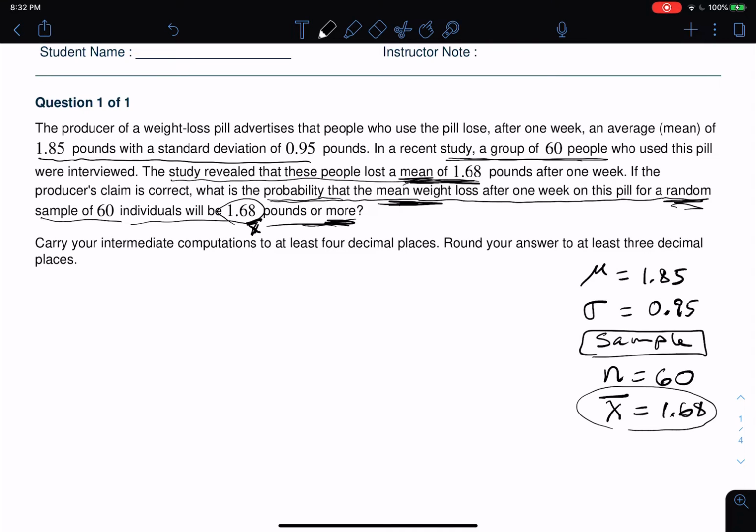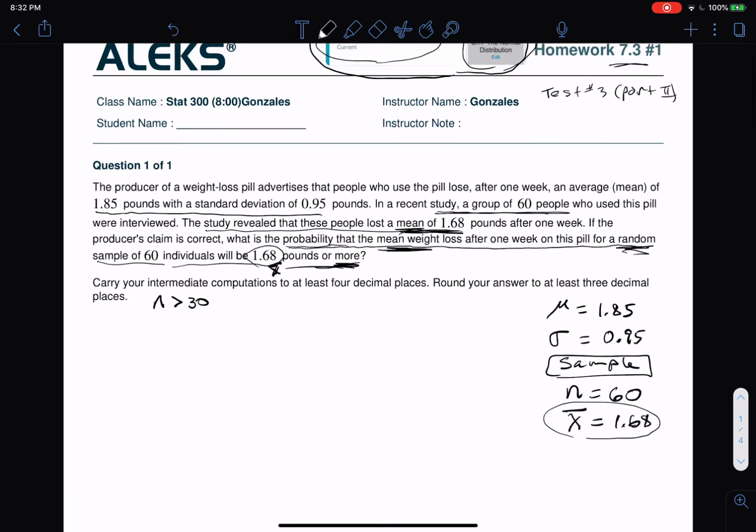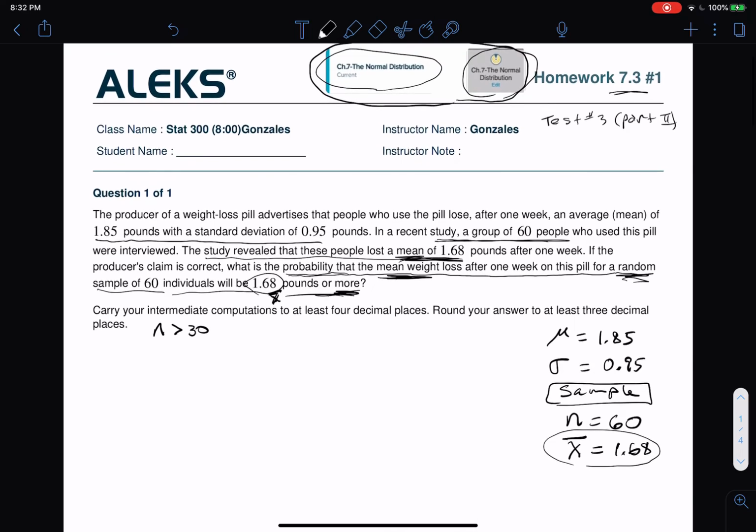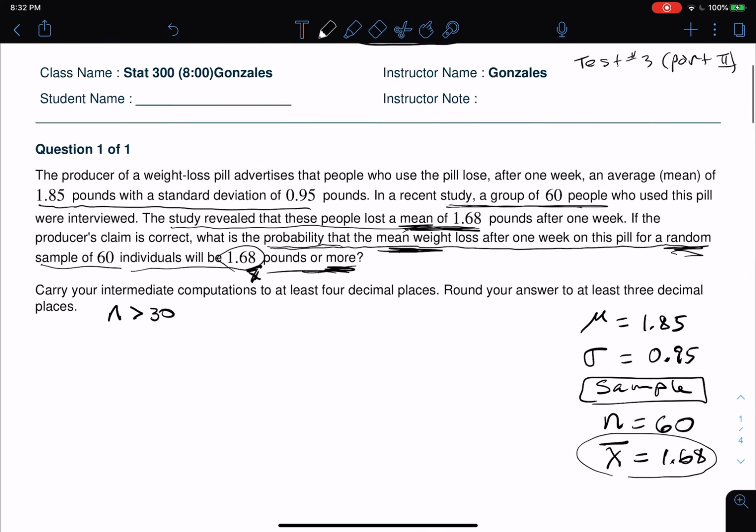Okay, let's get our visual going here. First and foremost, remember, if our sample size is greater than 30, we don't care what kind of distribution this comes from, whether it's normal or not. If the population has a normal distribution, it doesn't matter, because the sample size is greater than 30.